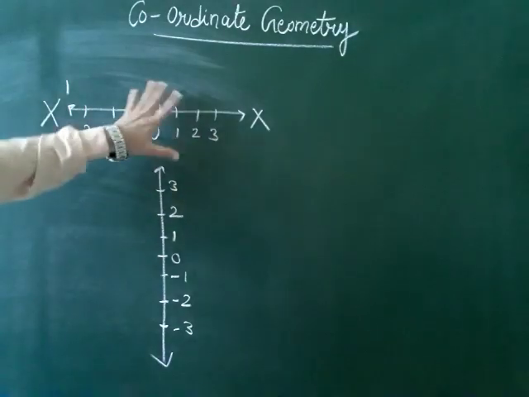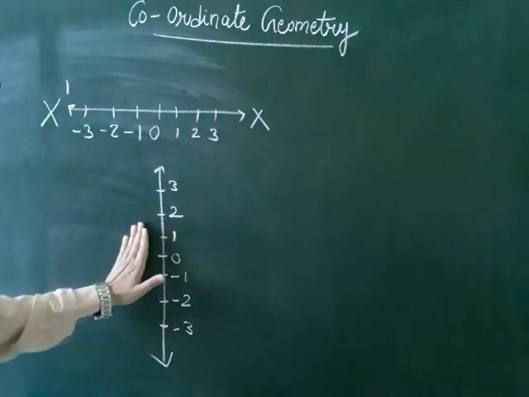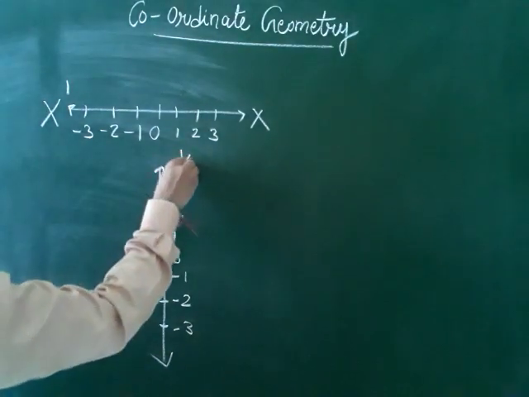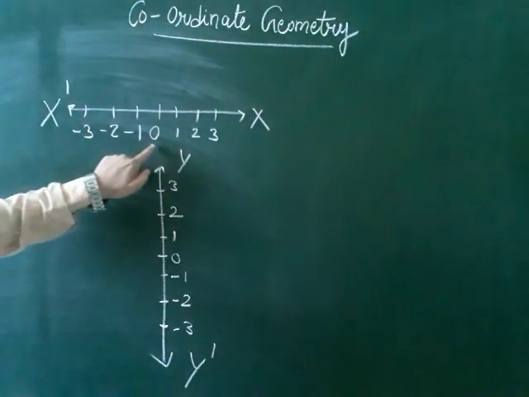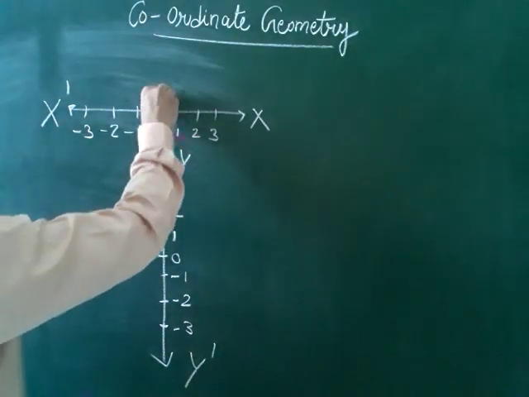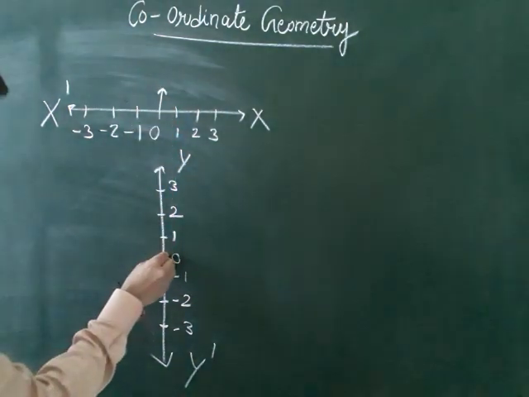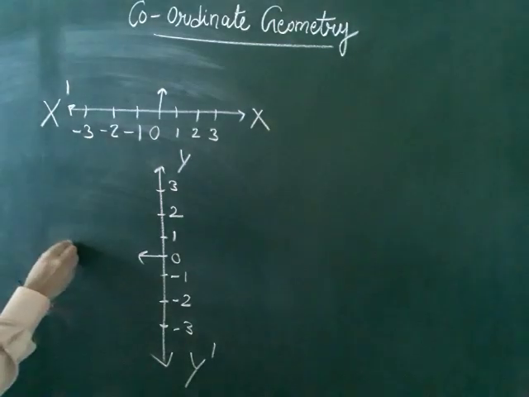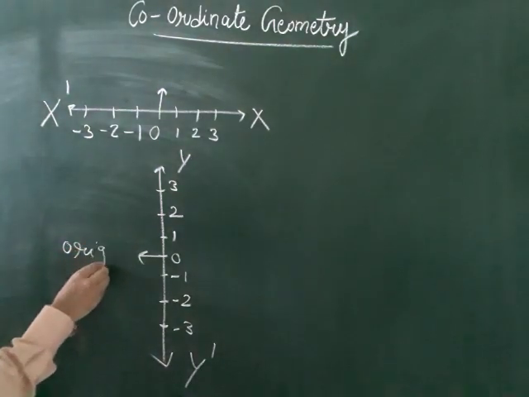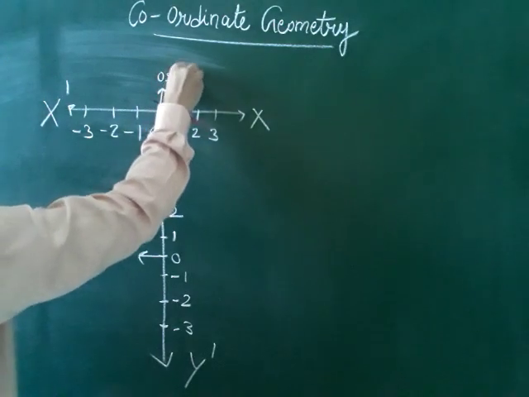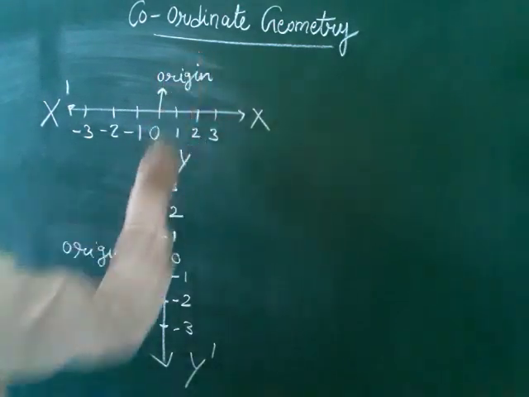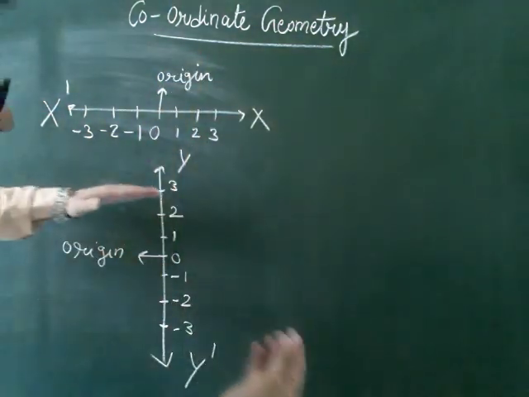Let after rotation your number line be y dash. Now this 0 point is also known as your origin. This 0 point is known as your origin. Now what will we do next?